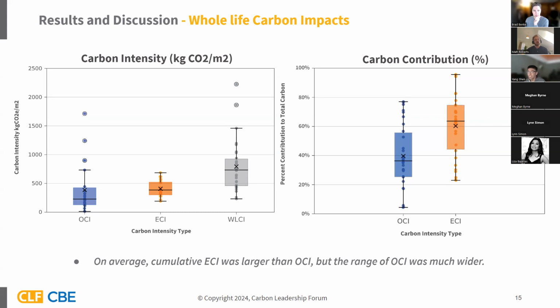For the left figure, it is easy to see that the mean value of the ECI, shown with the black cross marker, is higher than the OCI's mean value, but the OCI has bigger variation than the ECI, and you can see there were several outlier data points in the operational carbon intensity.